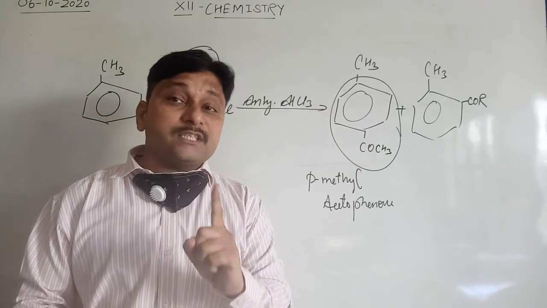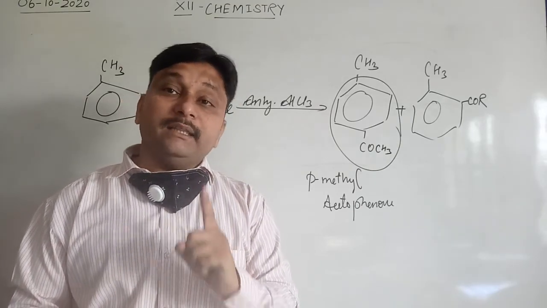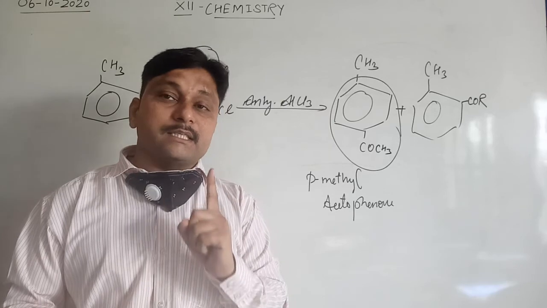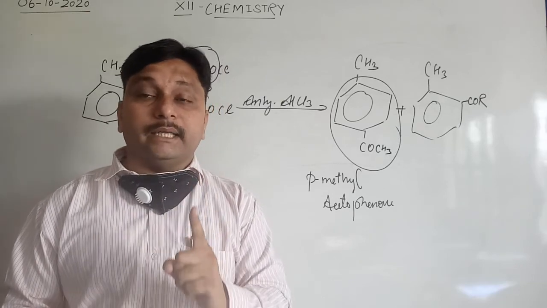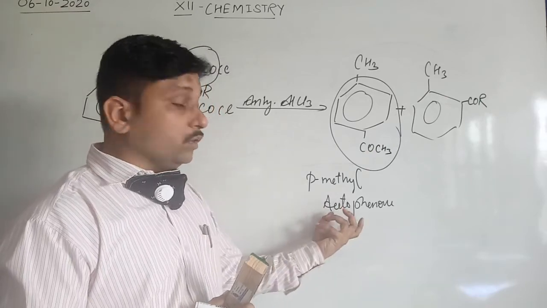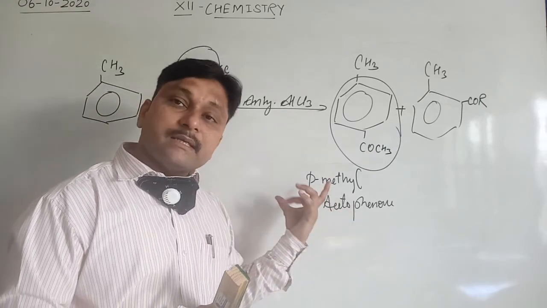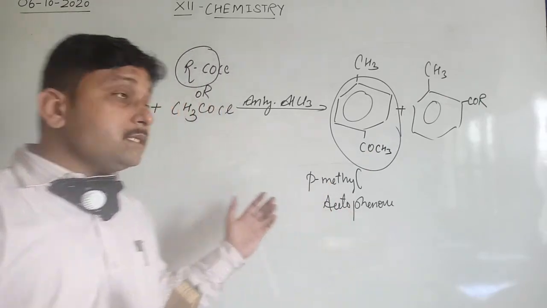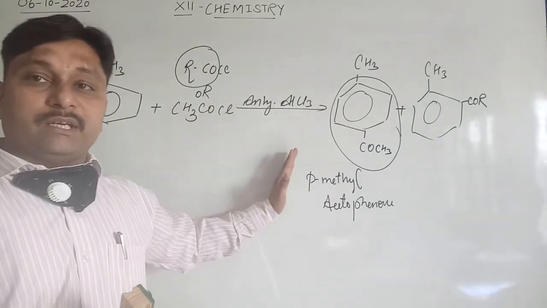Clear? And this is the first aromatic compound that contains the ketonic group. Clear? So this is acetophenone. Acetophenone means benzene with COCH3. So this is Friedel-Crafts acylation.